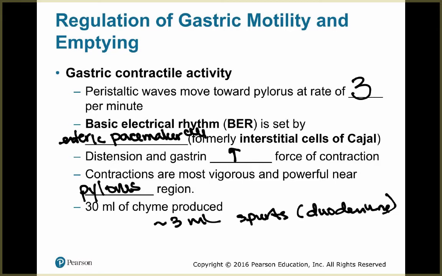The remaining 27 milliliters is forced back. At this pyloric valve going from the stomach to the duodenum, only liquids and very small particles are allowed to pass through.